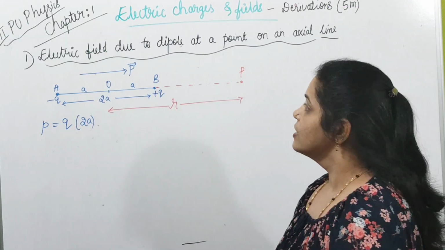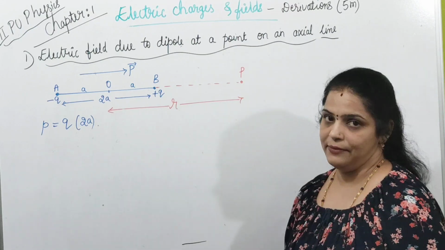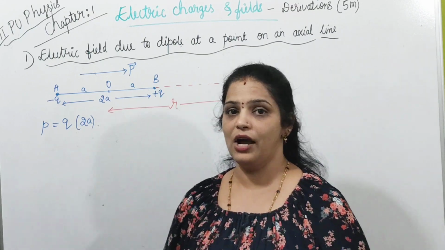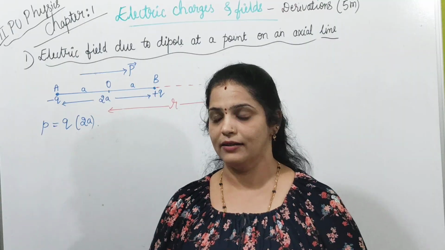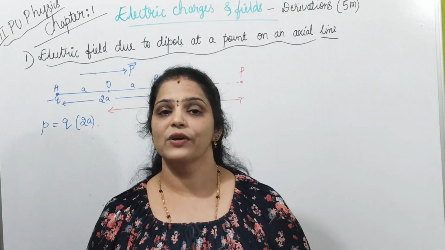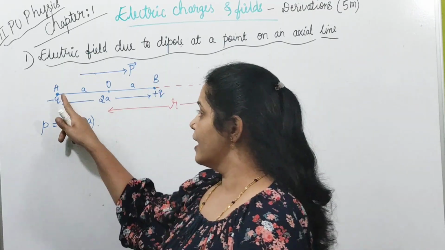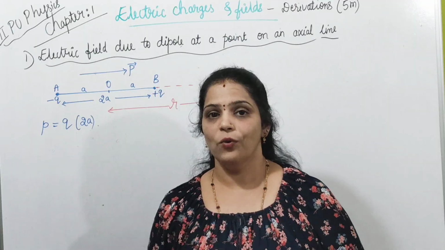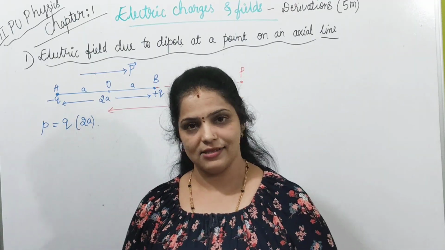Okay. Now, the first one is electric field due to dipole at a point on an axial line. For this, first you have to draw the diagram. Diagram always carries 1 mark. Electric field is a vector quantity, that's why it is very important to note down the direction. Okay. So dipole means what? Equal and unlike charges separated by a small distance is called a dipole.